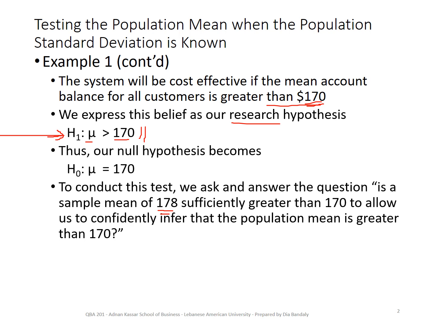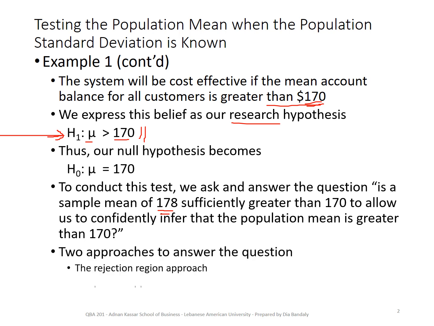So we need to find a certain criterion. What's that criterion? We cannot leave it to subjective judgment. We have to have a criterion, and luckily there are two. In fact, there are two approaches that we use in hypothesis testing. The first approach is called the rejection region approach, and the second one is called the p-value approach.